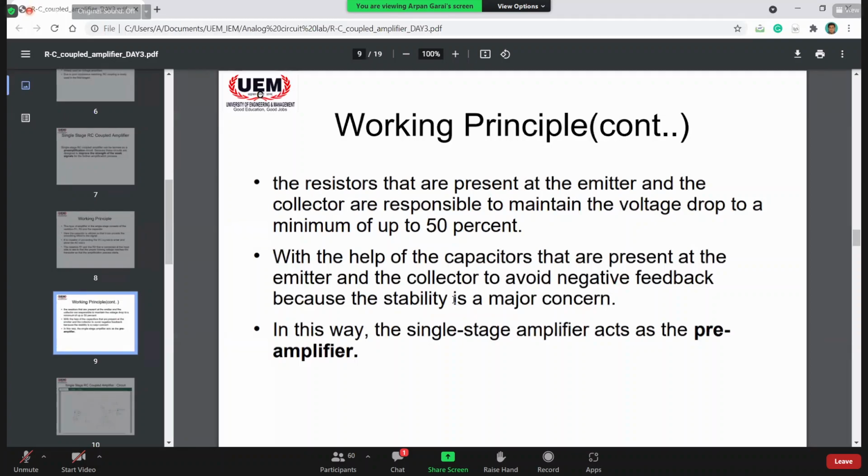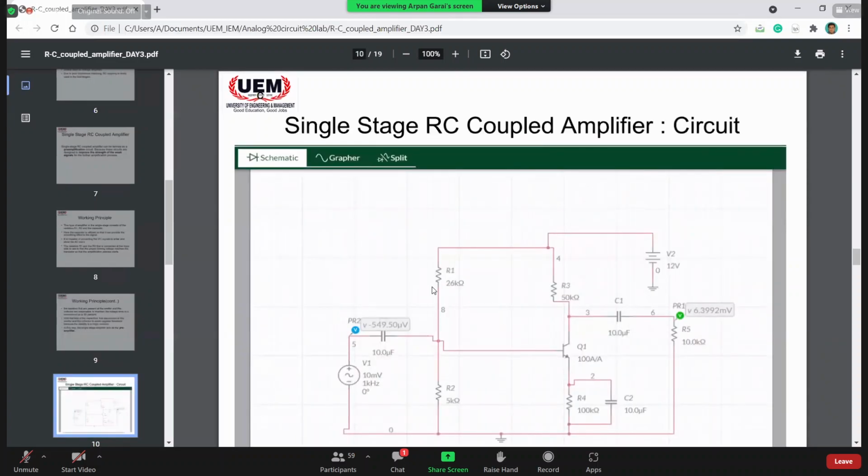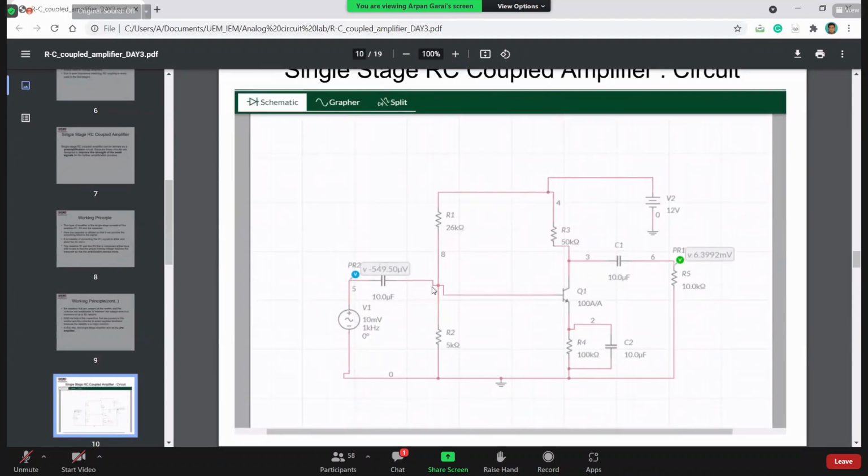The capacitor present at the emitter is used to avoid negative feedback, because stability is a major concern there. In this way, the single stage amplifier acts as a pre-amplifier. Now this is the diagram of the circuit.